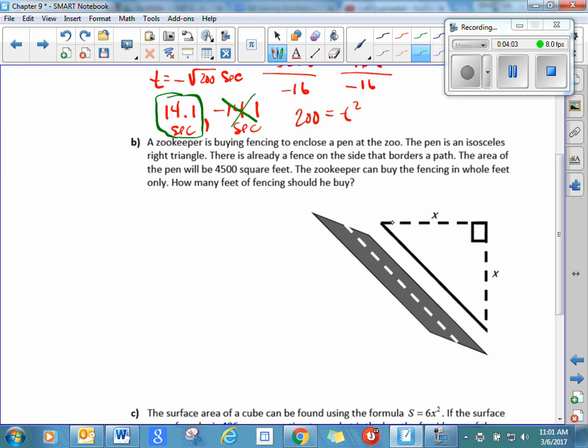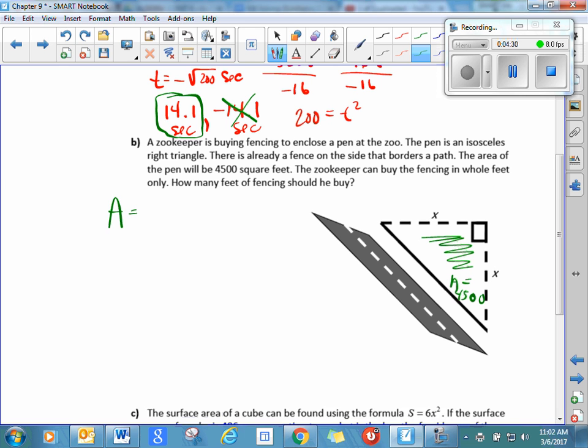So all we have to worry about is buying fencing for these two sides that make up the right angle of the isosceles right triangle. It says the area of the pen is equal to 4,500 square feet. So we can use that information to figure out how long each one of these sides is to answer the question about how much fencing you have to buy.